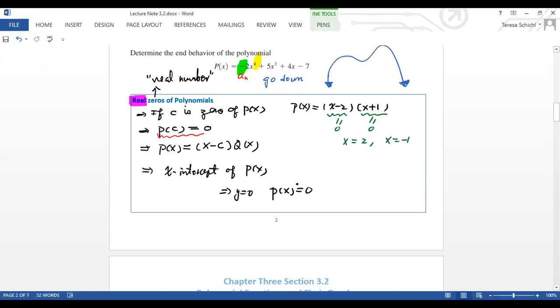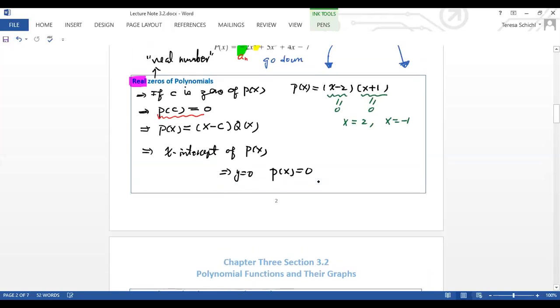Of course, because it's a polynomial, it could touch the x-axis several times. Also, when you try to find the zeros, you typically factor P(x) in order to find them, just like the example we did here.